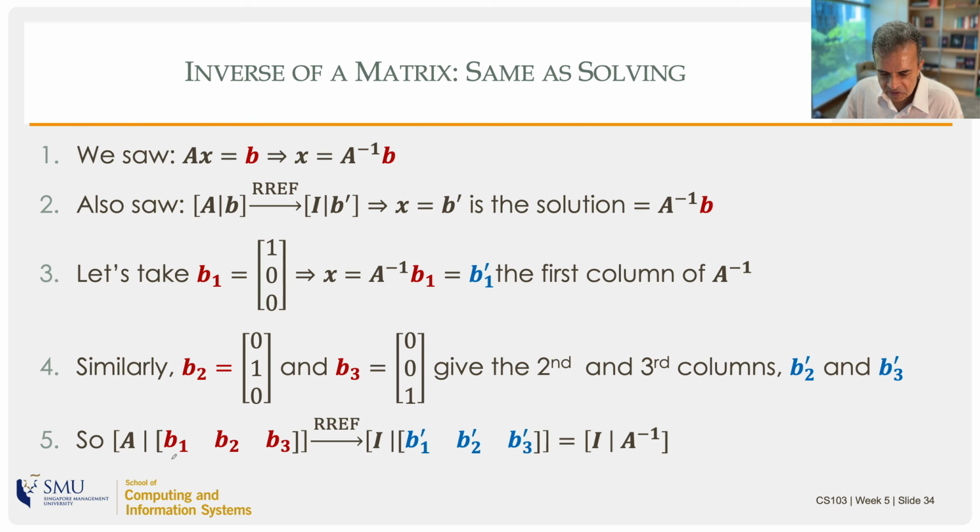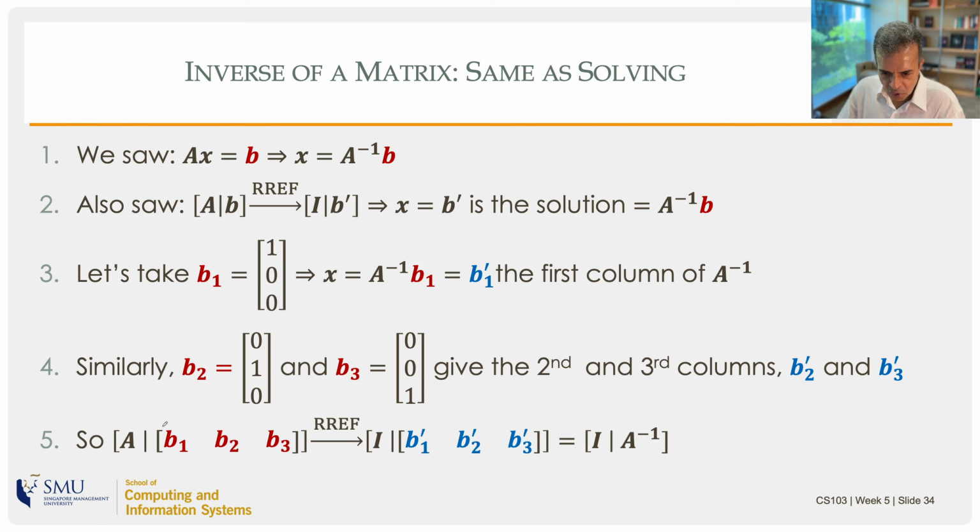But if I have B1, B2 and B3 standing side by side, doing the Gauss-Jordan elimination on this is the same as doing it on [A|B1], because Gauss-Jordan elimination will find pivots in the A part of the augmented matrix, and the B part, the constant part, is just coming along for the ride, and that does get transformed into the first, second and third columns of A inverse.